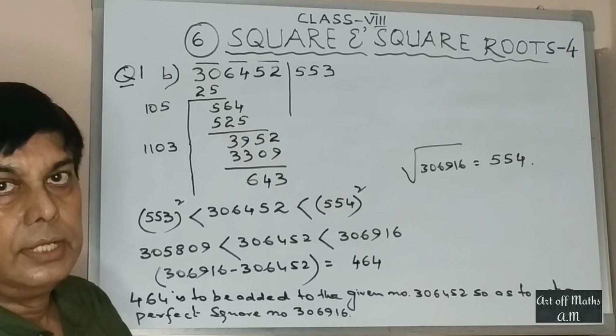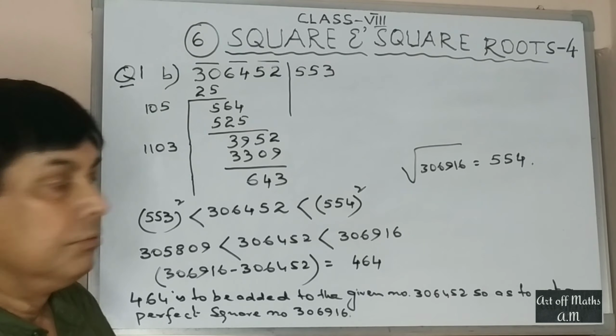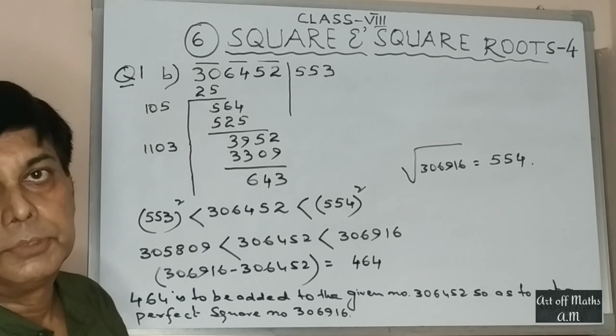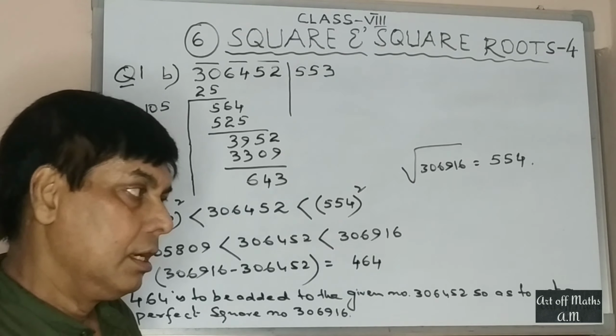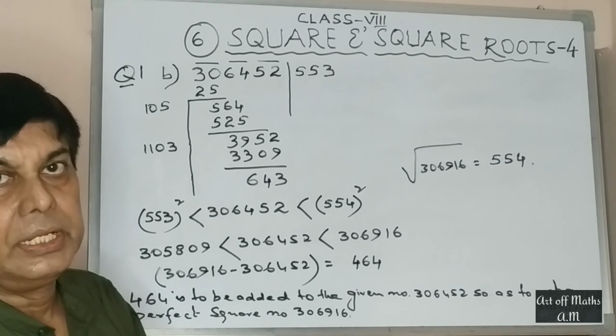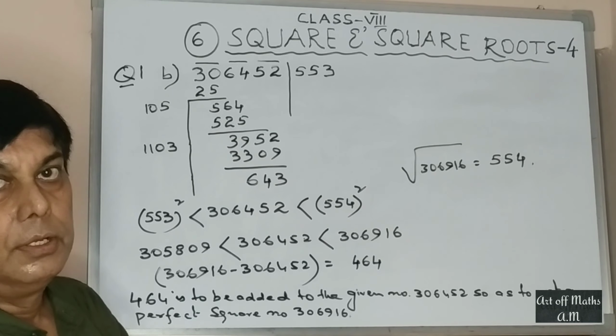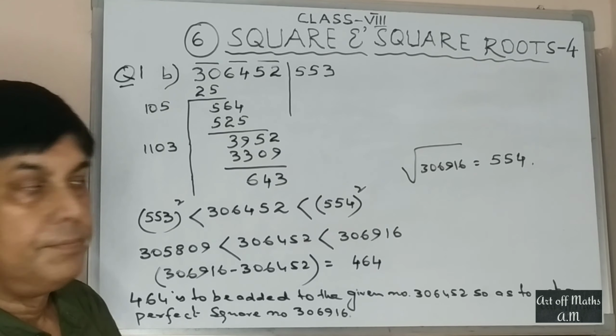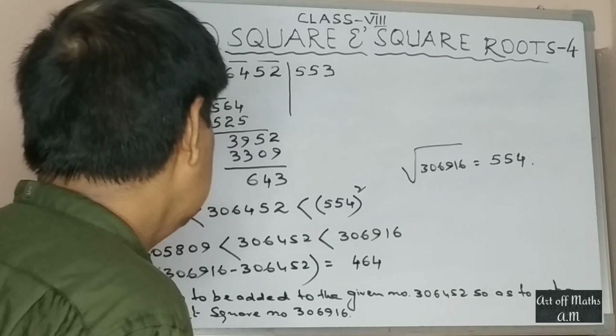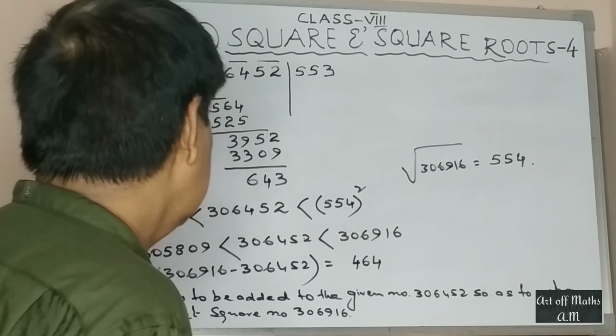For addition and subtraction, follow the long division method. And for multiplication and division, you will have to go by the rule of prime factorization. Okay, come to the second question.